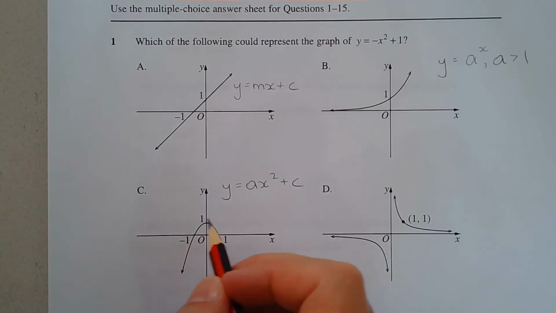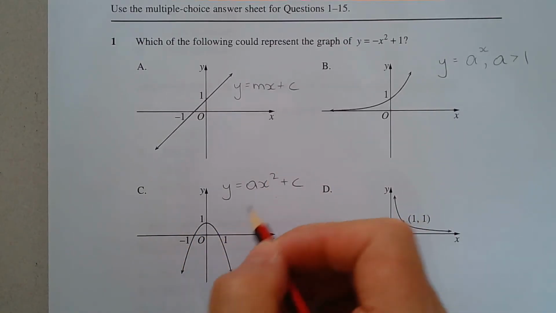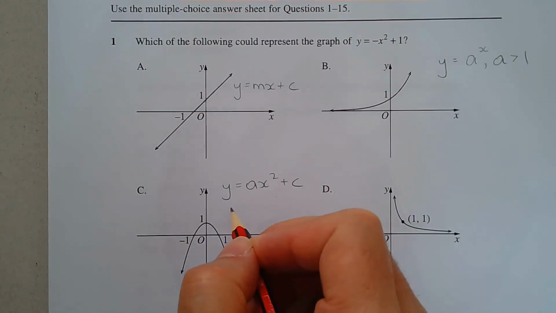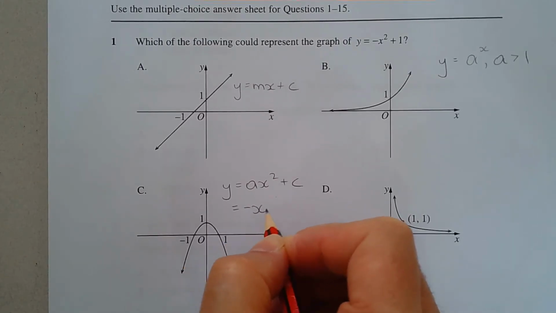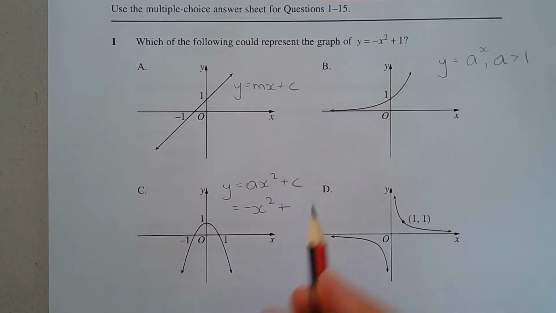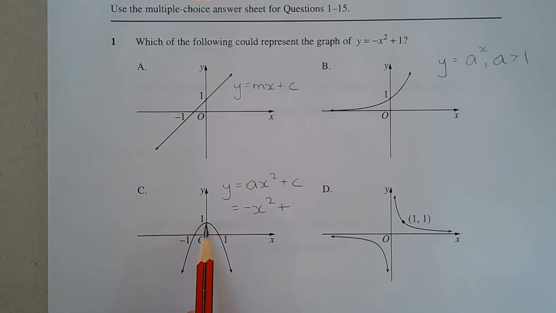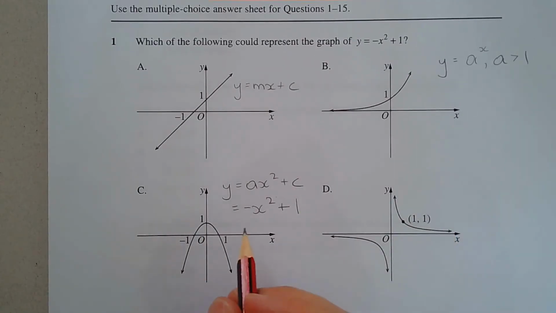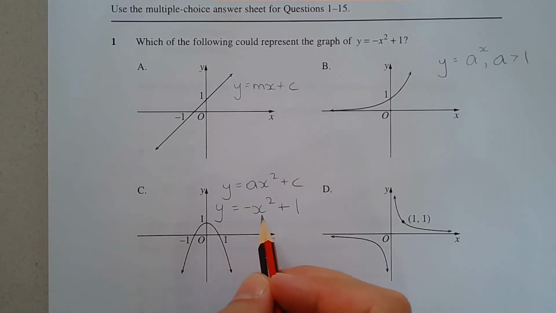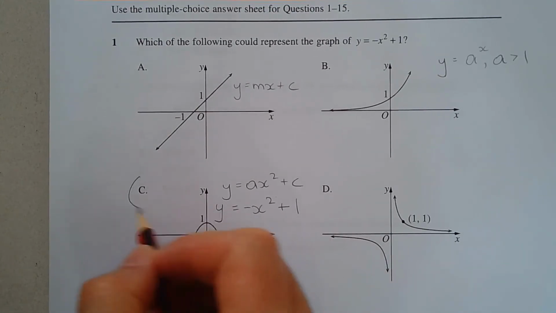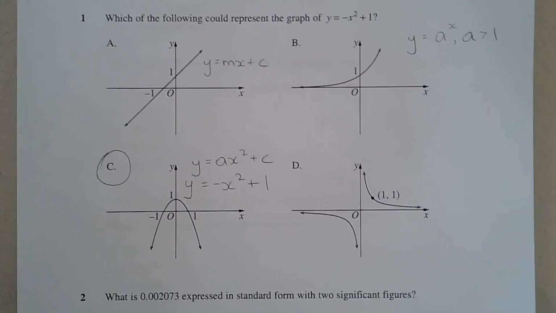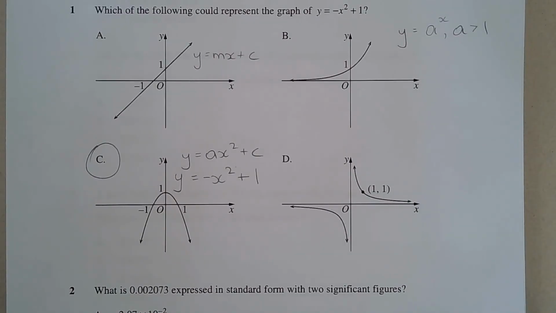In this case, it's concave down, so it's going to be a negative number. So it's negative x squared plus c. C is the y-intercept, and we can see that the y-intercept here is 1. So it's y equals negative x squared plus 1. So it's option C. But let's have a look at option D, just for completeness.